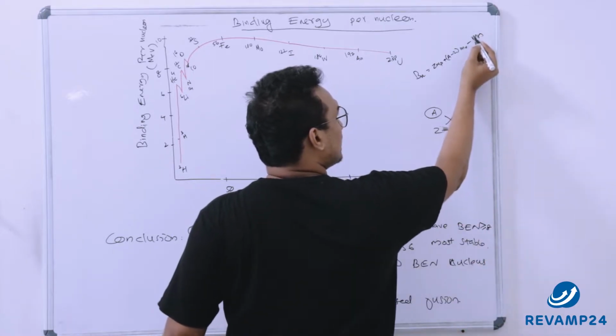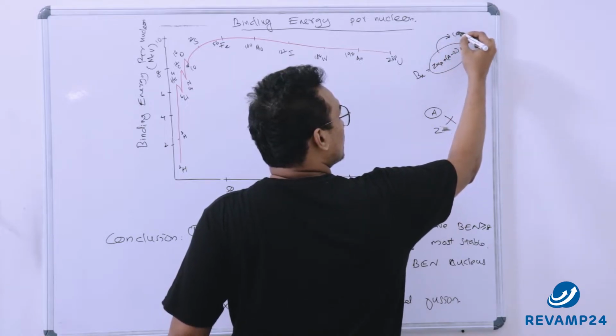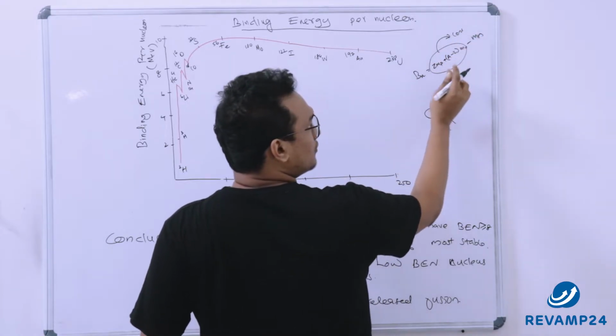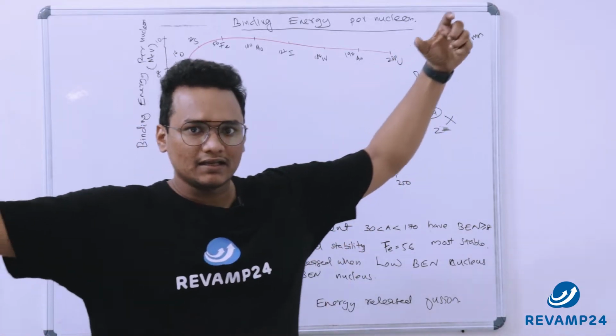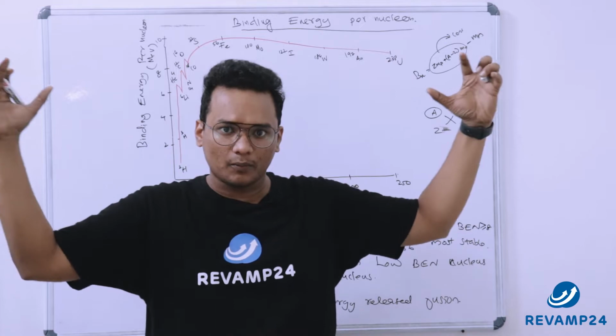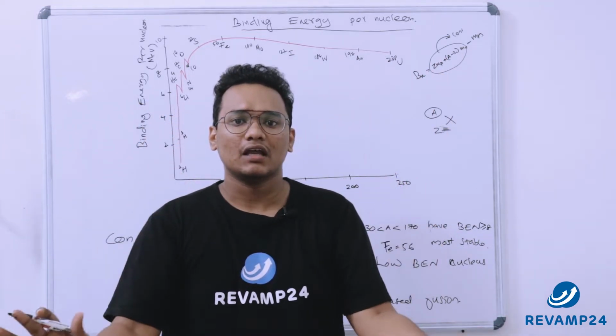So how is this nucleus made? On combination of these members the nucleus is made. While these members combine and make a nucleus, a certain amount of mass is lost.